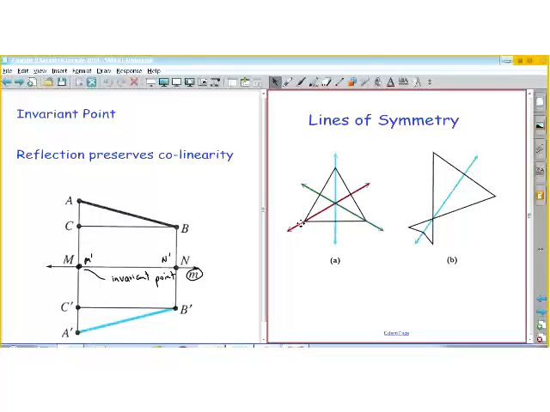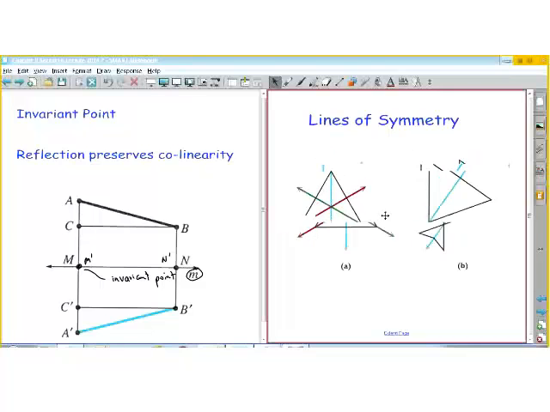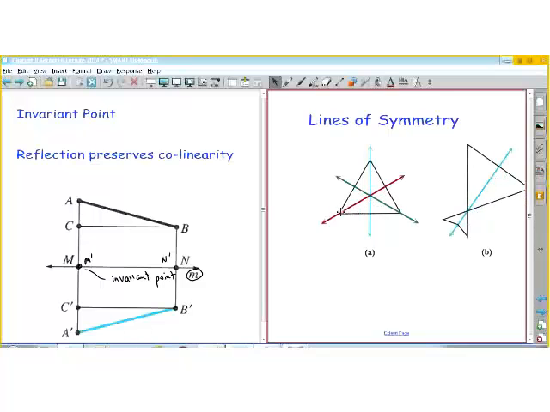Whereas if I take this triangle and I draw it appropriately, so one part of the line goes through the vertex and the other part of the line goes through the midpoint of the opposite side, what I have is a symmetrical situation.